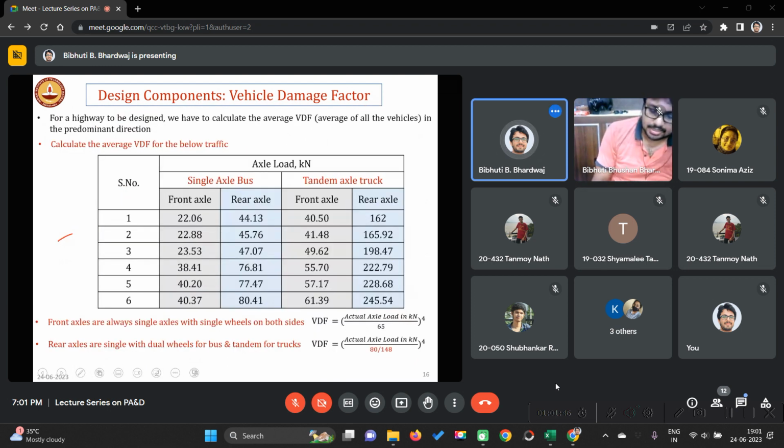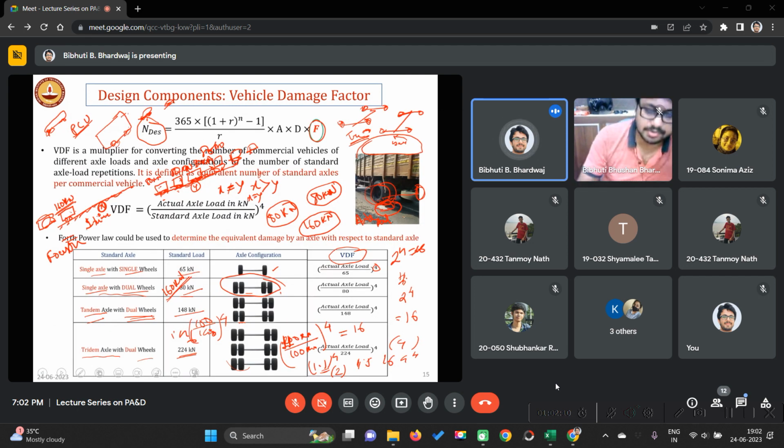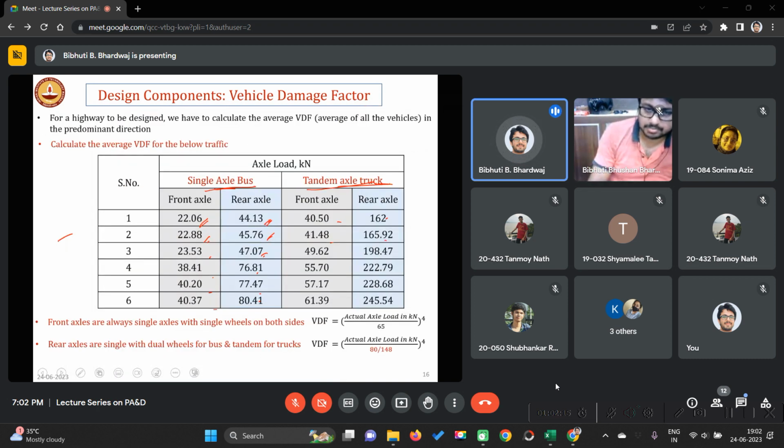Now this kind of question generally comes in GATE. Suppose there are different buses and trucks, single axle buses and tandem axle trucks, so the front axle is this much, rear axle is this much. All the loads are given. How did you find out this load? By doing this survey. You have asked the truck to go over this weighing pad.